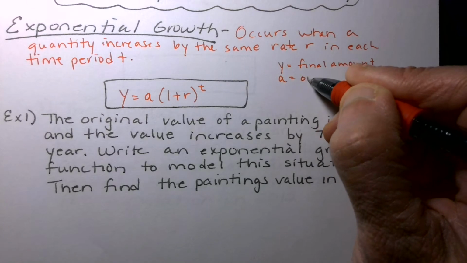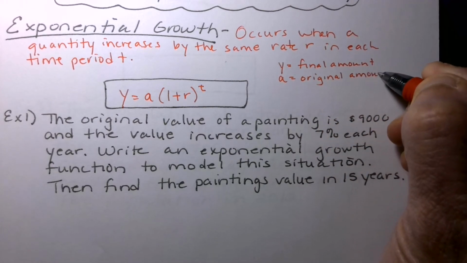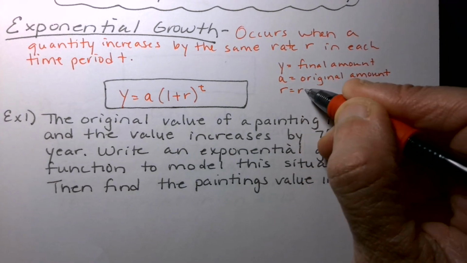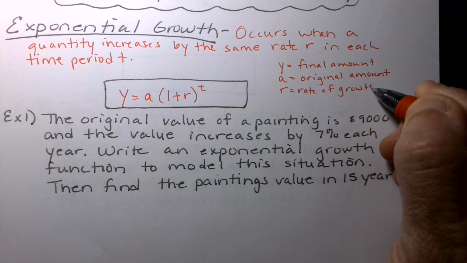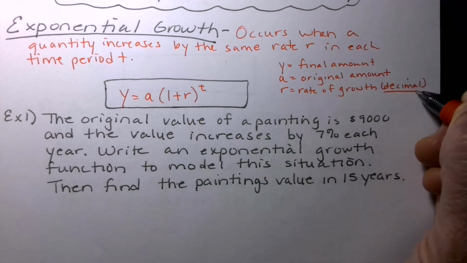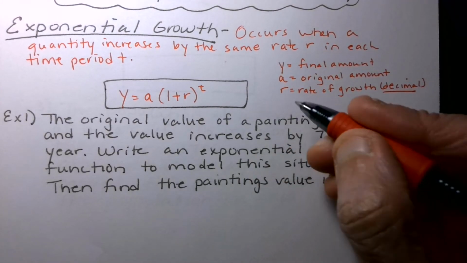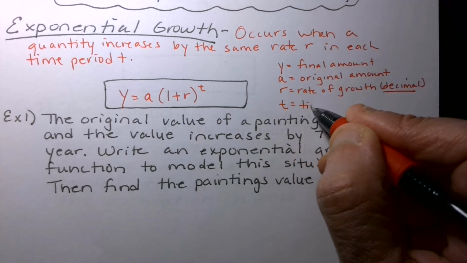A is the original amount. We can't say of what because we don't know what the problem is yet. R is the rate of growth, and that is always written in decimal form, not percent. You want to always take the percent and change it to decimal. And t is the time.